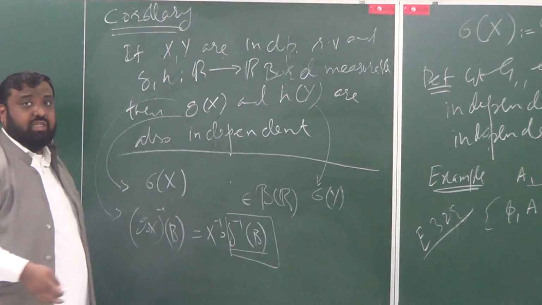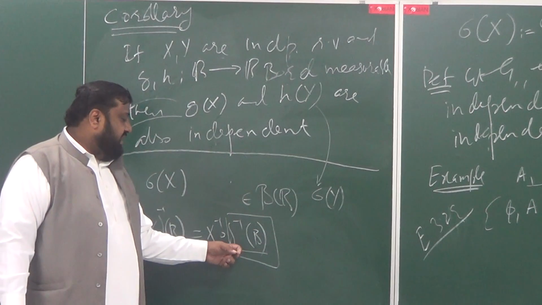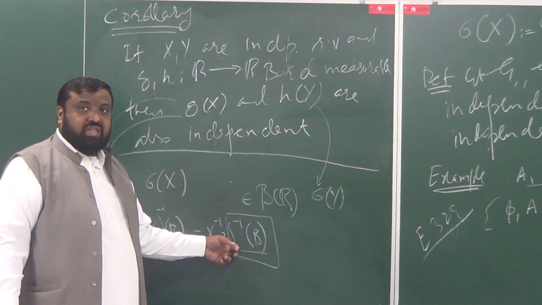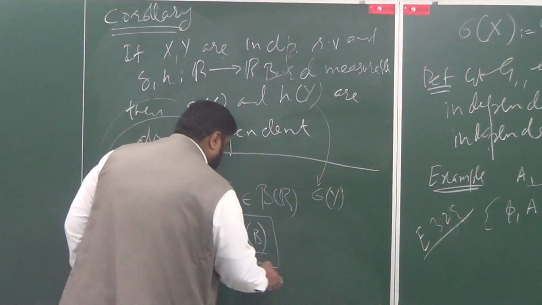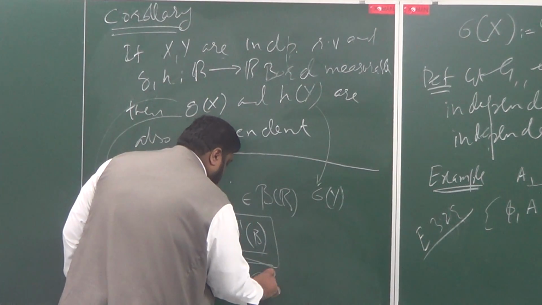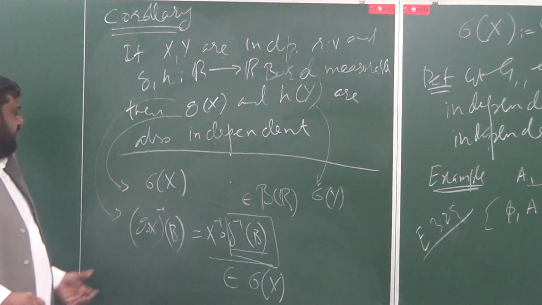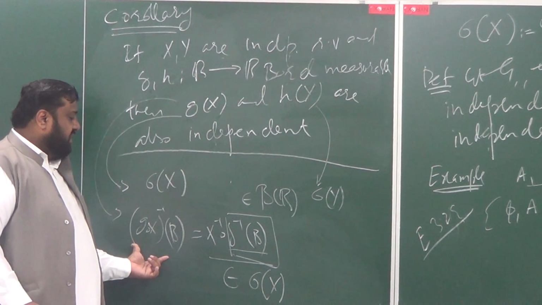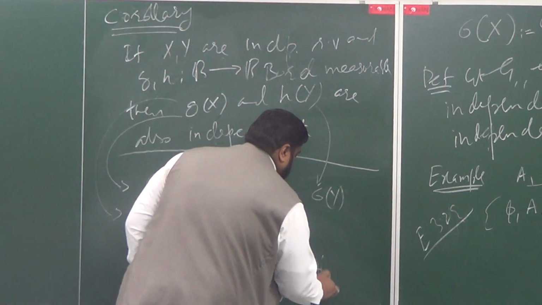That's what Borel measurability means. And since this is Borel, X inverse of the Borel set must belong to the sigma field generated by X by definition. So in other words, this guy belongs to the sigma field generated by X for all... What do you call?